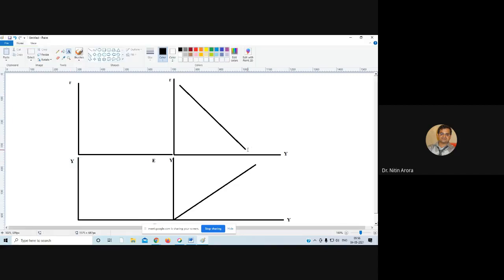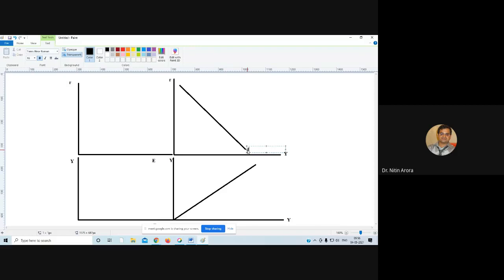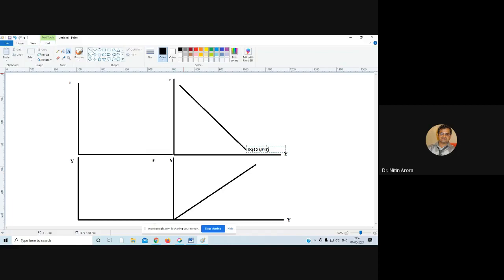This is my IS curve. Okay. This is an IS curve drawn for obviously G0 government expenditure and E0 exchange rate. I'm telling you that exchange rate is fixed. So let us suppose initial equilibrium is at this point.